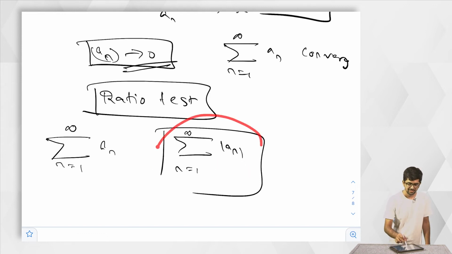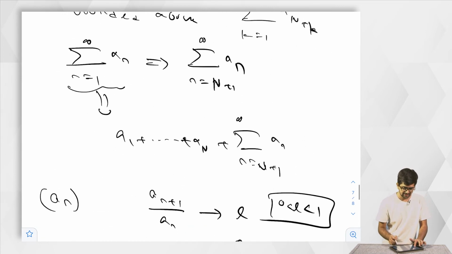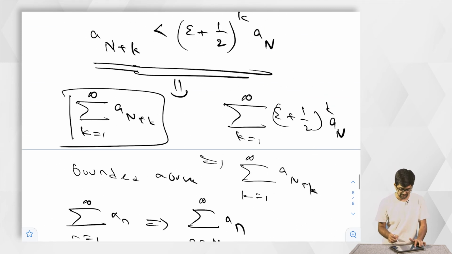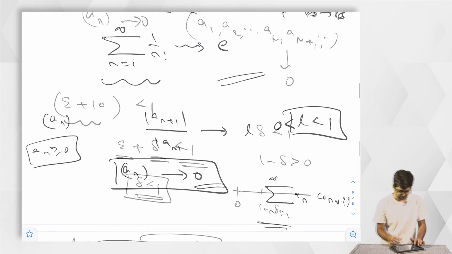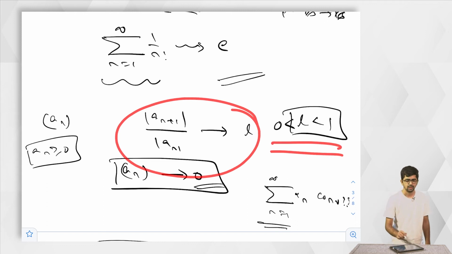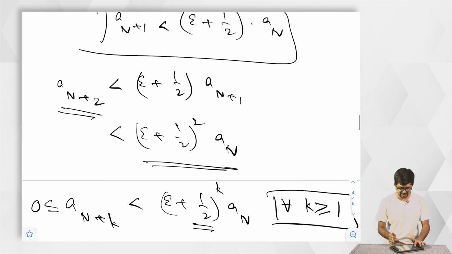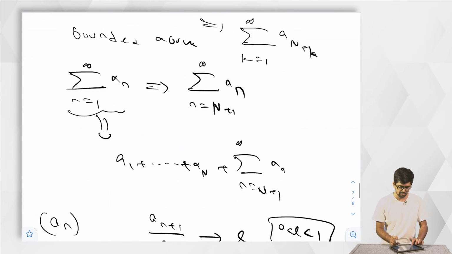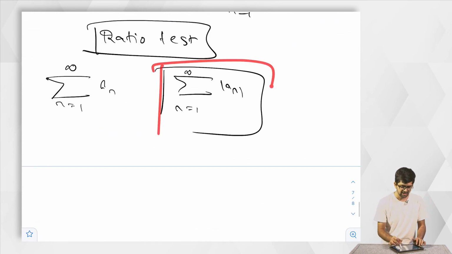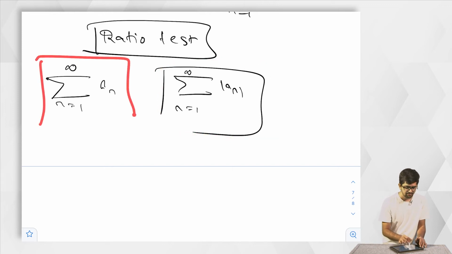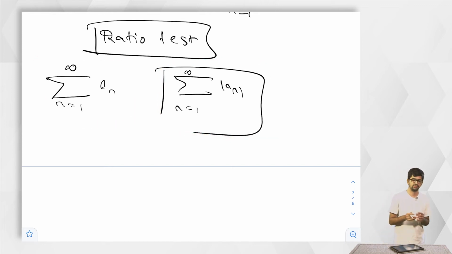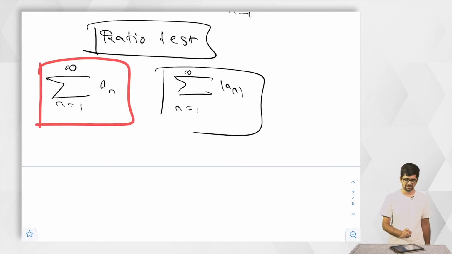Suppose for this series you get that this fraction is going to L and L is less than 1, then you can apply the ratio test to this series summation mod an. What does this say? This says the series without any mod is absolutely convergent. Then, as I said in the last session, absolute convergence implies convergence, so this is convergent.